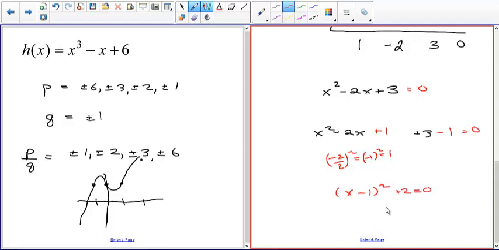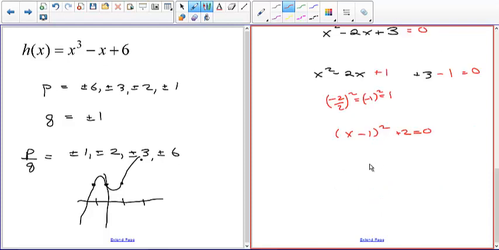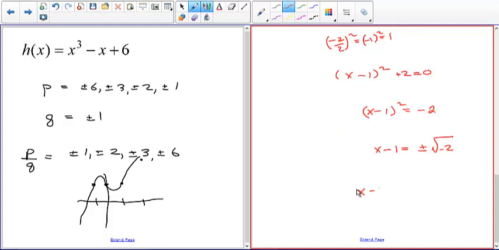So we would get x minus 1 squared equals negative 2. Take the square root, we get x minus 1 equals plus or minus the square root of negative 2. Square root of negative 2 is going to be square root of 2 times i. Square root of negative 1 is i.